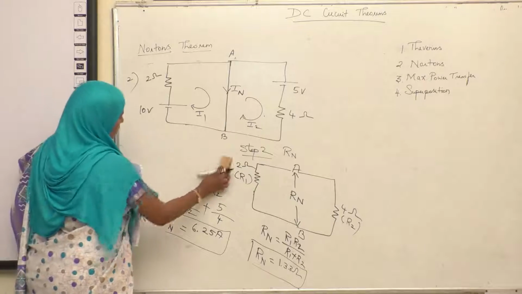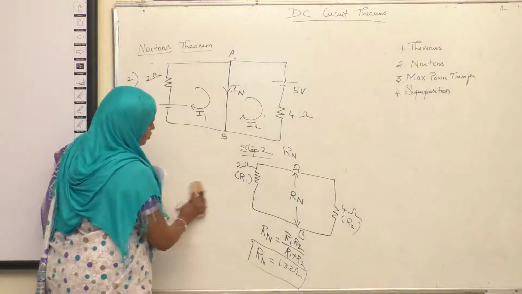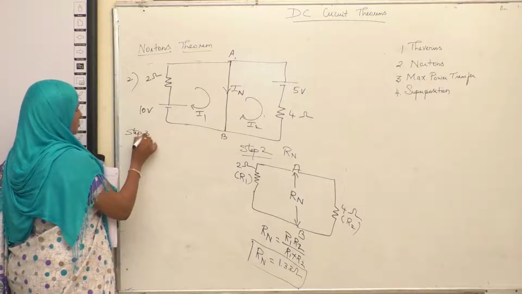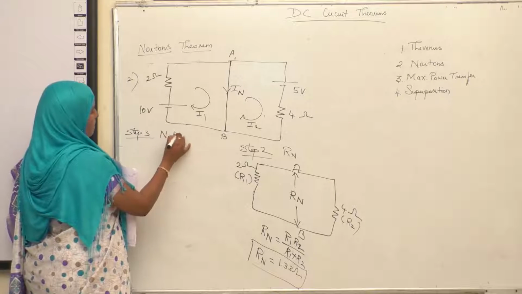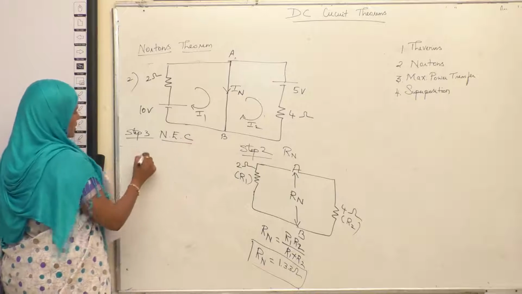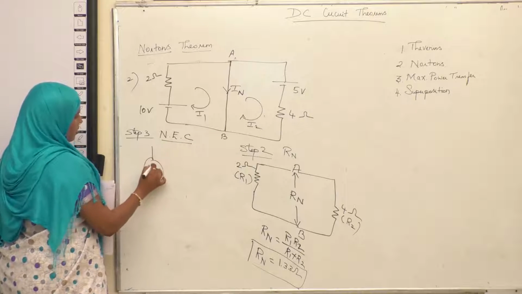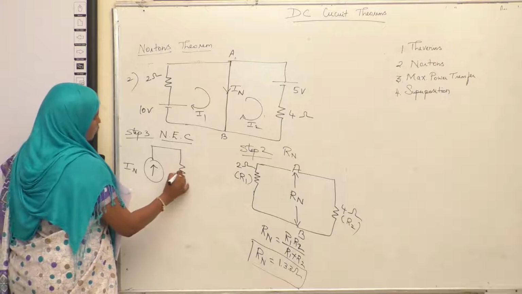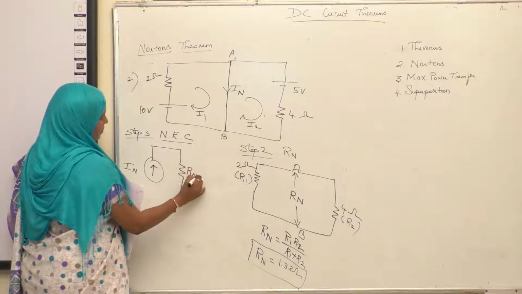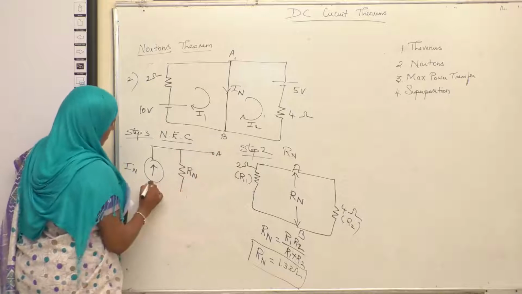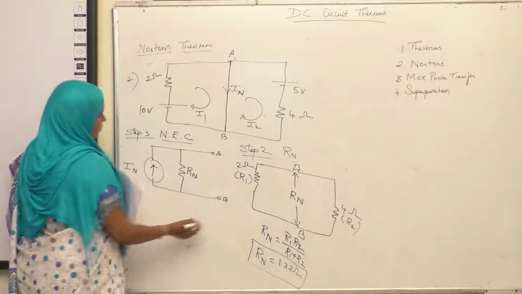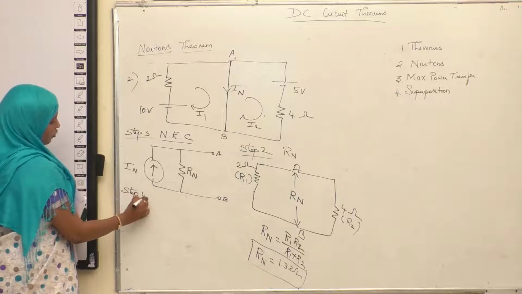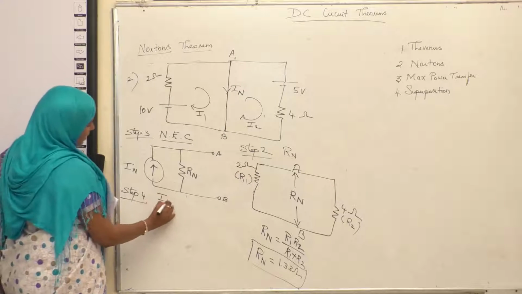Now your third step, draw the Norton's equivalent circuit. So this consists of IN in parallel to RN. And your final step, step 4, is to find IL.